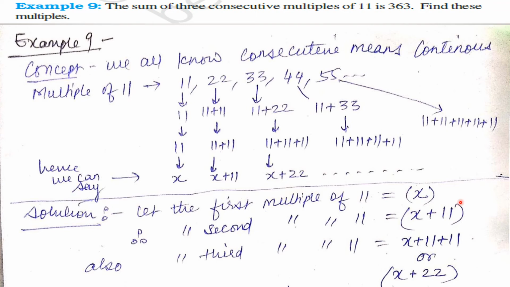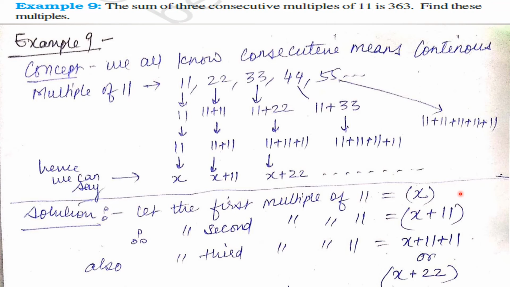In case the question came 3 consecutive multiples of 8, in that case first multiple will be x, second will be x plus 8 and third will be x plus 8 plus 8 or x plus 16. I hope you got this concept.